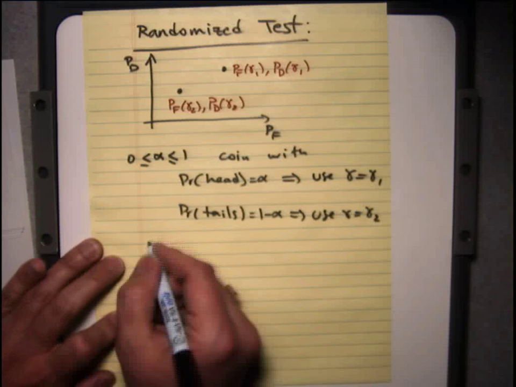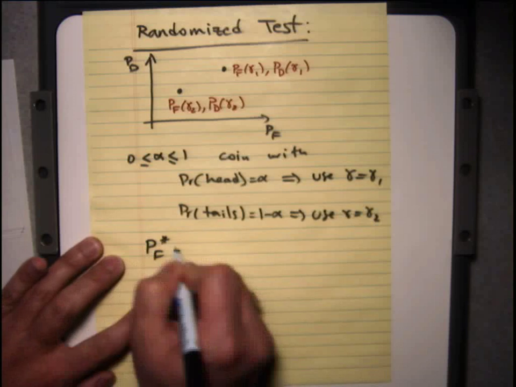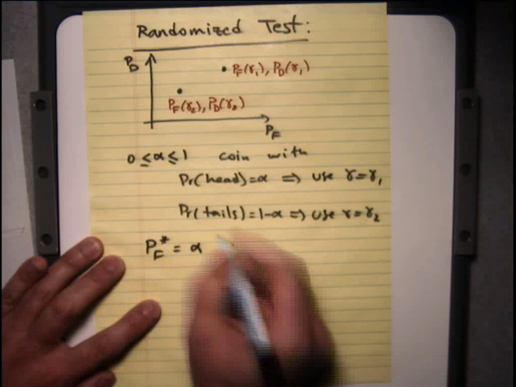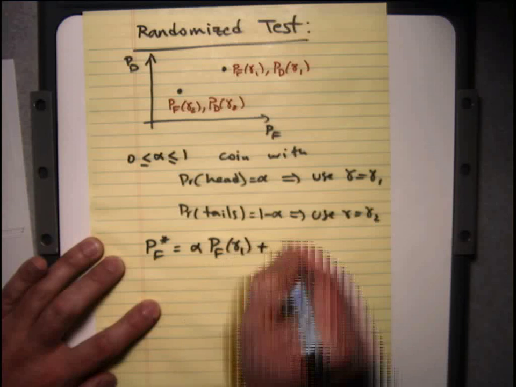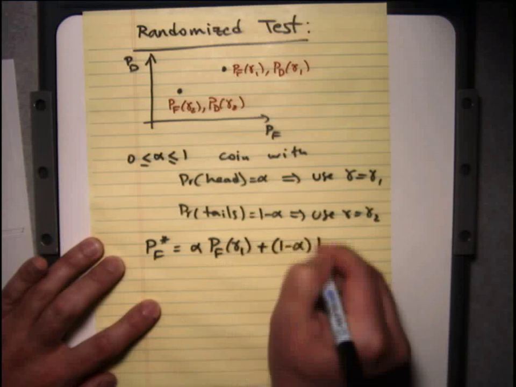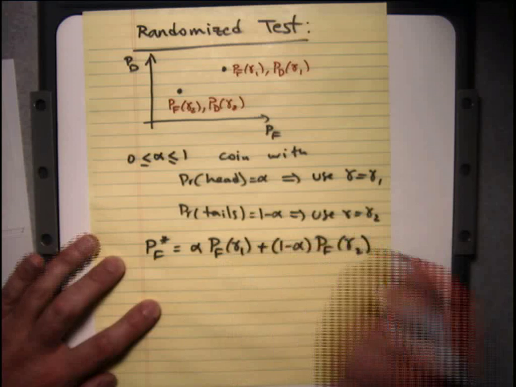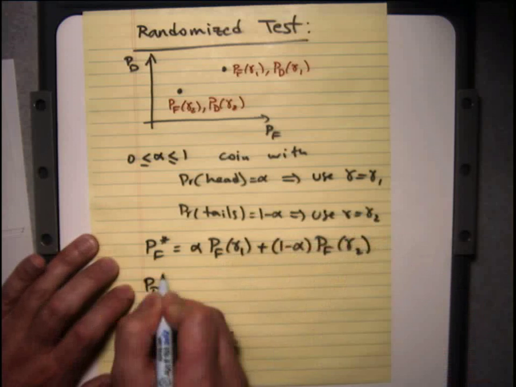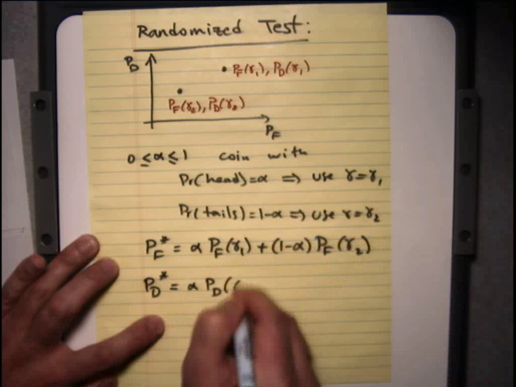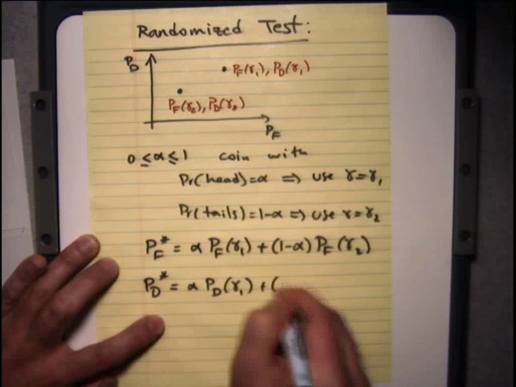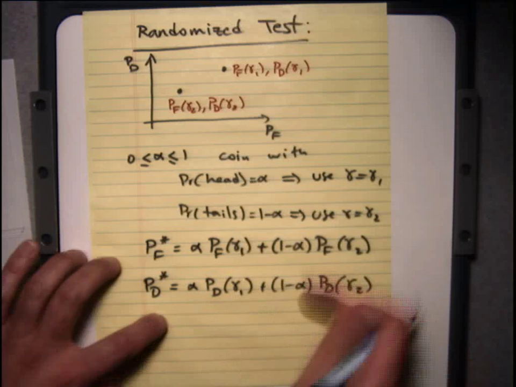Well, probability of false alarm, let's call it PF star, would be alpha times the probability of false alarm gamma 1, plus 1 minus alpha times the probability of false alarm of gamma 2. And probability of detection star would be alpha times probability of detection gamma 1, plus 1 minus alpha times probability of detection gamma 2. Does this make sense?